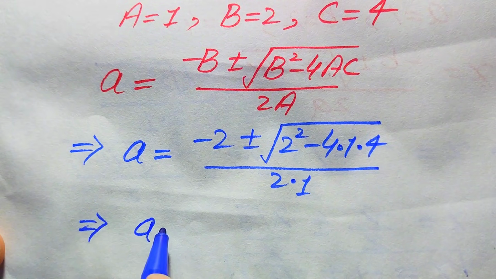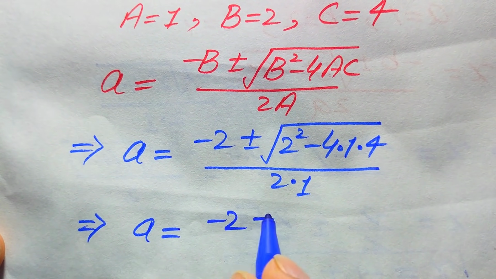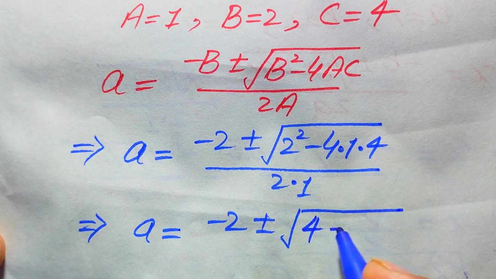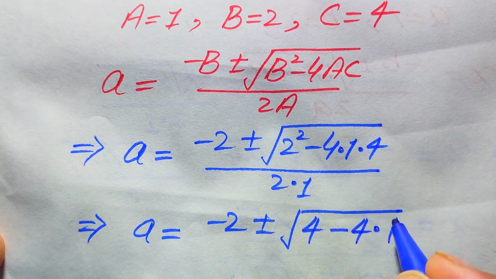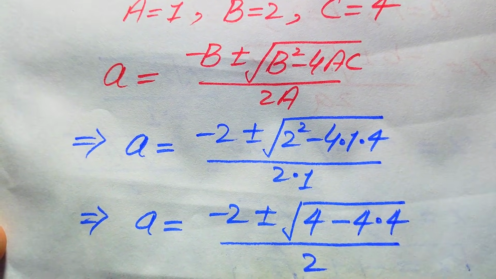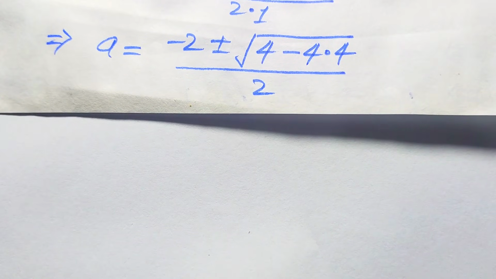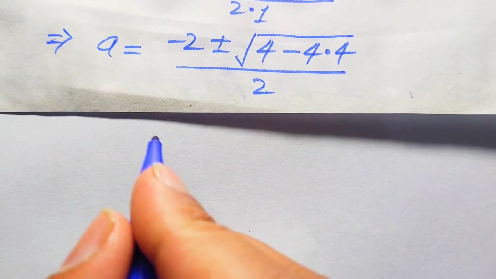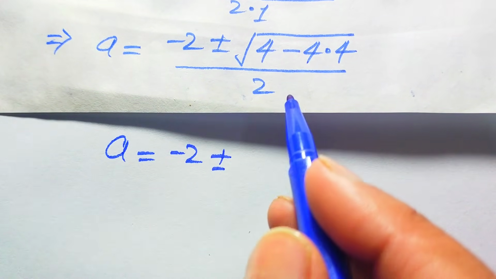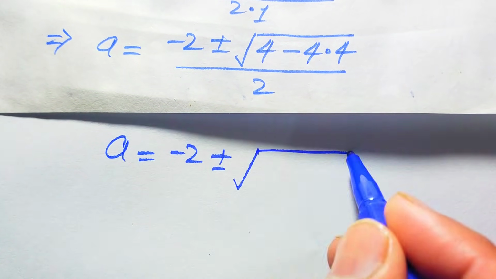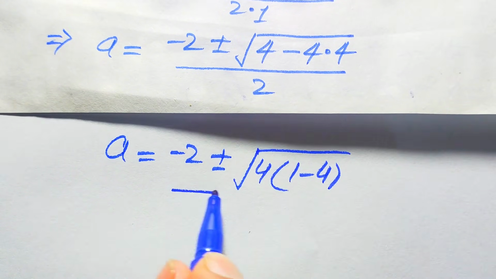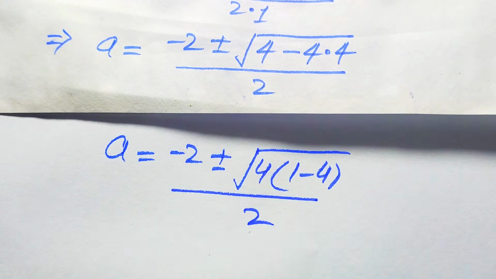And now in the next step we have a equals minus 2 plus minus square root of 2 square, and 2 square becomes 4, minus 4 times 4, divided by 2 times 1, which is equal to 2. Now in the next step we have a equals minus 2 plus minus, and here we need to take common 4 inside the square root sign, and the remaining values are 4 times (1 minus 4), divided by 2.